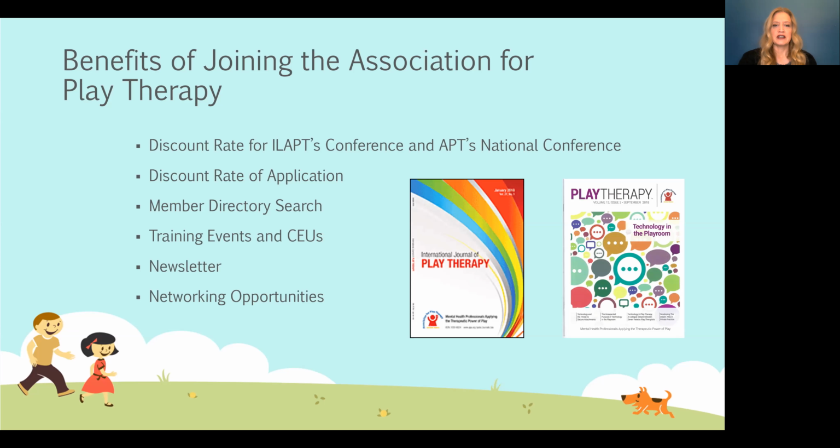And before even getting the RPT, there are a lot of benefits in joining the Association for Play Therapy. There are discount rates for the local branch, the Illinois Association for Play Therapy, if you join that branch. There are also discount rates for the Association for Play Therapy's national conferences, and a discounted rate when you apply for the RPT.